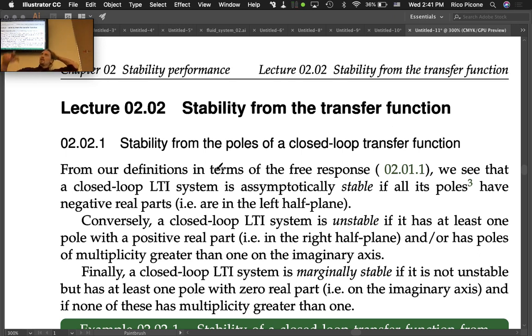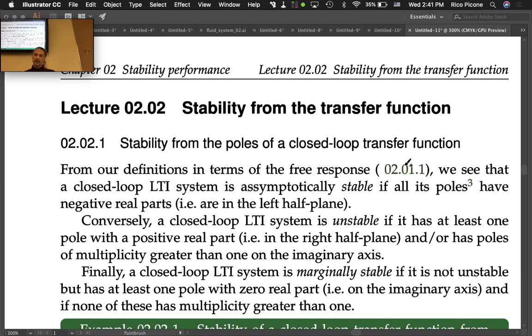So remember, systems that have all left half plane poles, or roots of our characteristic equation, or eigenvalues, their free response always decays to 0, which meets our definition of asymptotically stable. So we can interpret stability from the poles of the system, or the eigenvalues, or the roots of the characteristic equation. All equivalent, remember. That was one of the things we learned in systems.